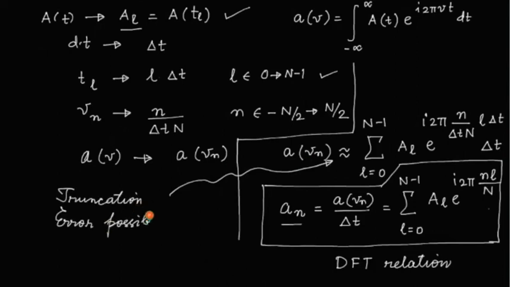So this we will discuss in detail in the next class, what it may give rise to. But there is a chance of truncation error here because you are not integrating the function from minus infinity to plus infinity. The summation is truncated at a finite number of terms.